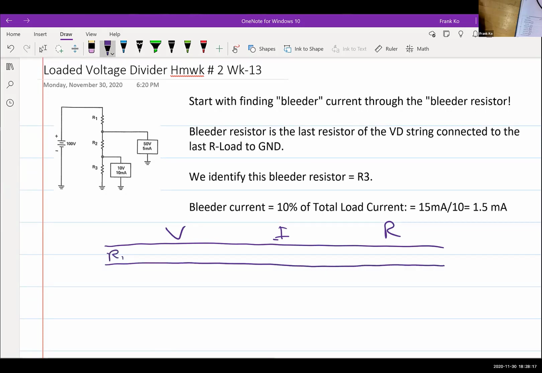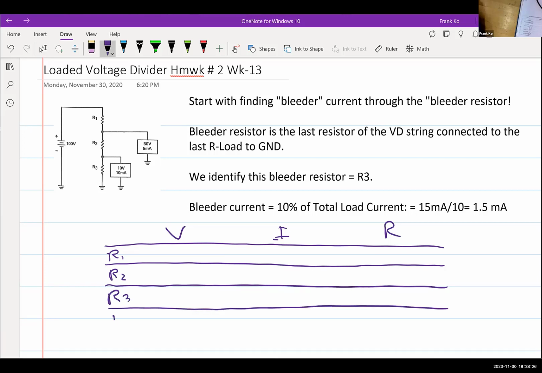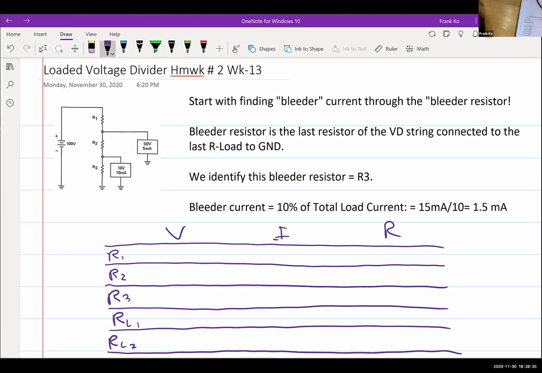So R1, R2, R3, RL1 for the first load resistor, RL2 for the second load resistor, and we have a total in here.